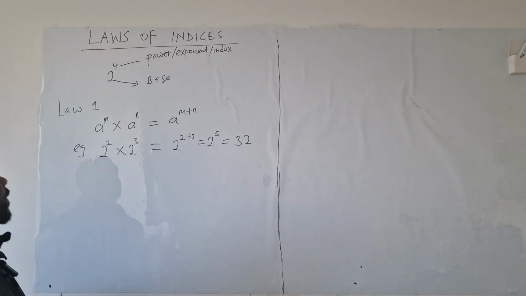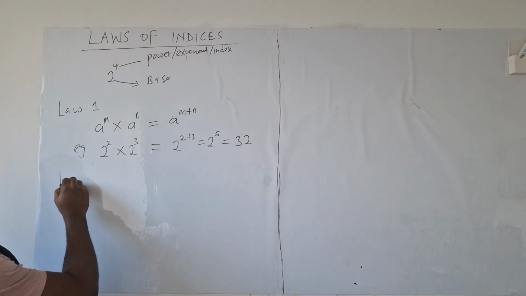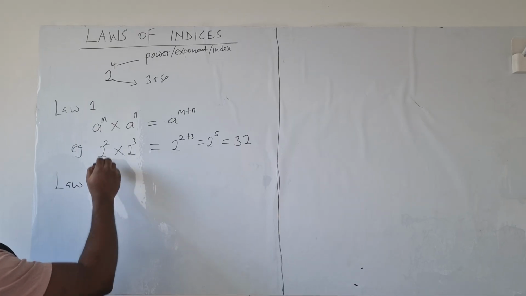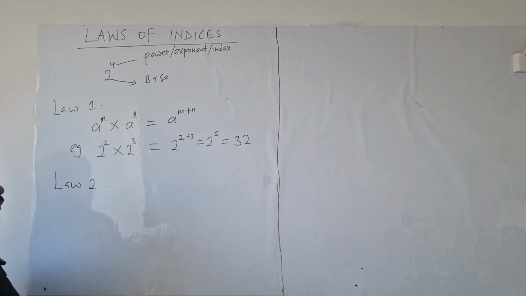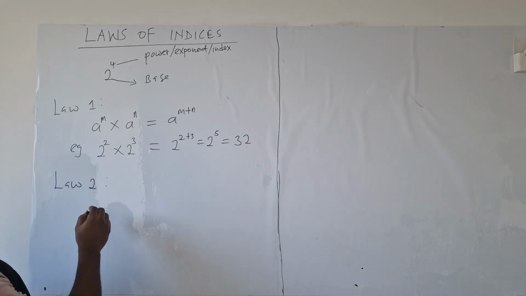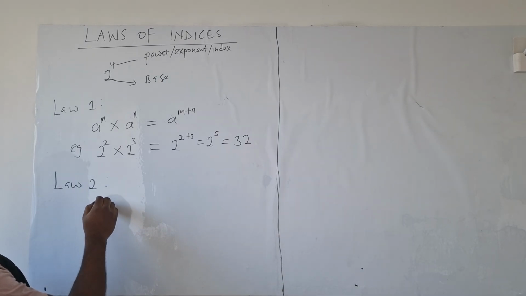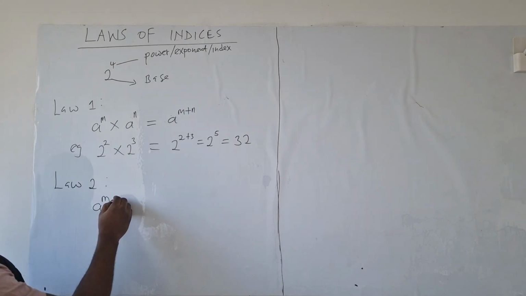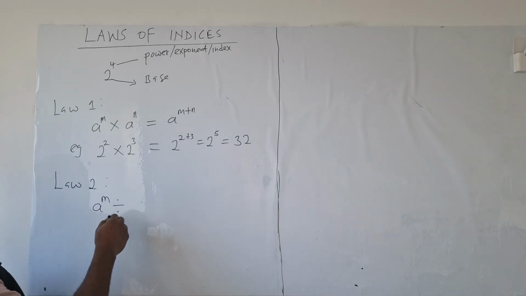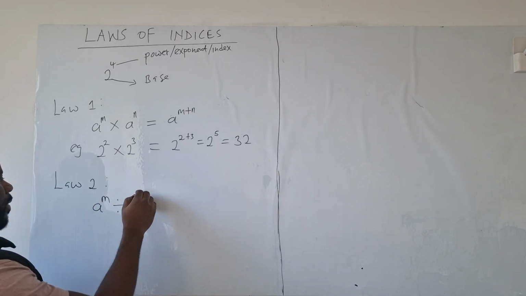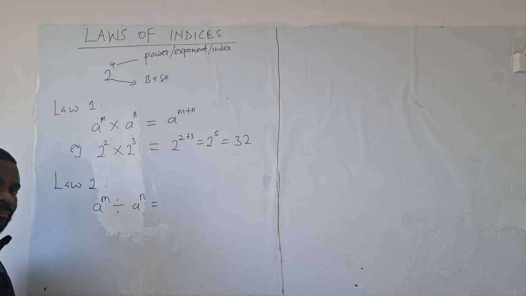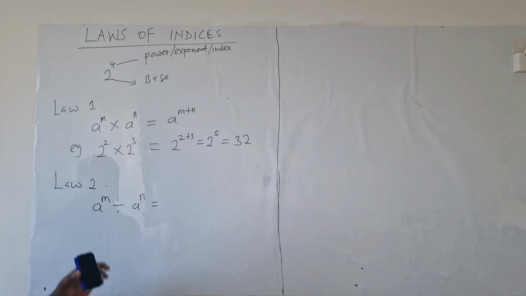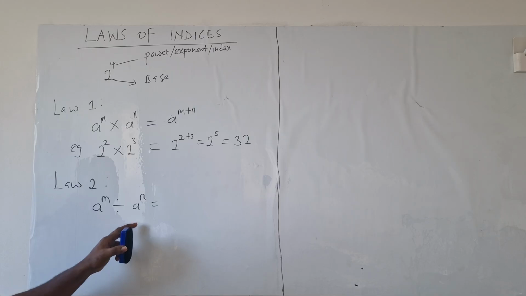Now let's look at the second law, that is law 2. Law 2 says that, if I have a raised to the power m, no, the first one was multiplication. This time around, we are looking at division. A power m divided by a power n.